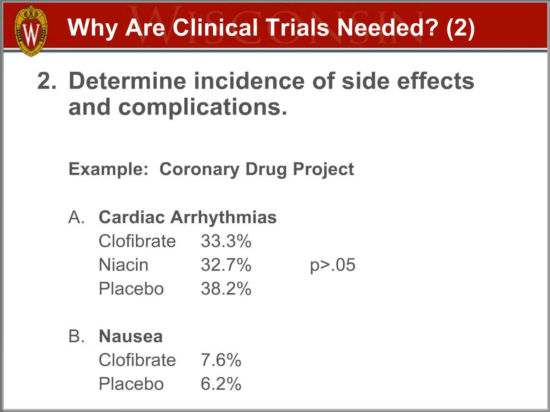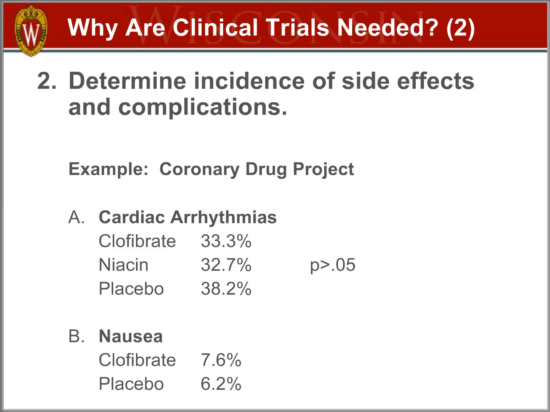Another reason for clinical trials, we like to determine the incidence of side effects and complications. An example from the Coronary Drug Project, one of the earliest cardiovascular trials, conducted in a population of men who'd had a heart attack. Drugs were given, 2 of them are listed here, clofazimine and niacin, to lower levels of cholesterol and hopefully reduce the incidence of cardiovascular disease, death and MI to be more specific.